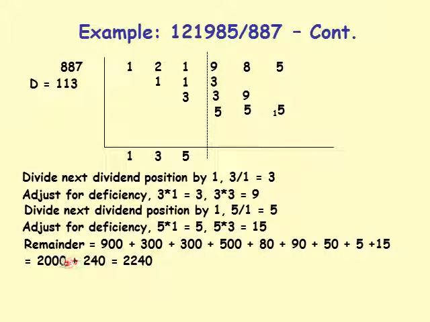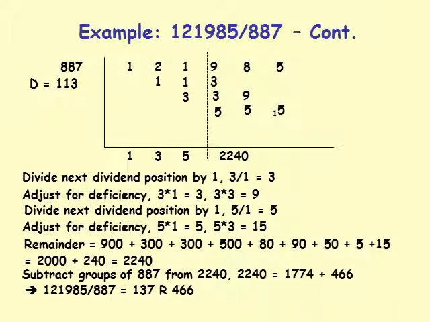So that's 2000 plus 240. 2000 plus 240 is 2240. So the remainder is 2240, which is a lot more than 887. So we would have an improper fraction again.